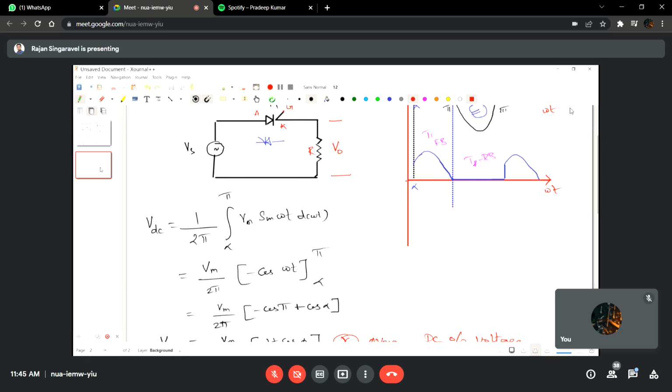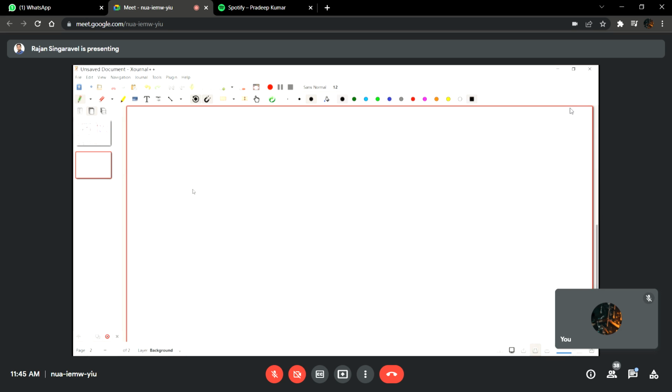So next we have to get the derivation for RMS, right? The same limits, same equations, but the only thing is it should be squared and it should be taken root, since we know the formula for RMS is 1 by 2 pi from alpha to 2 pi, everything is same, only the equation should be squared.